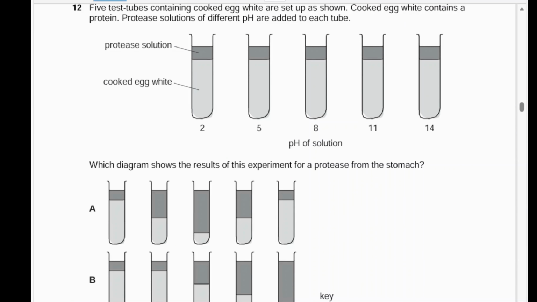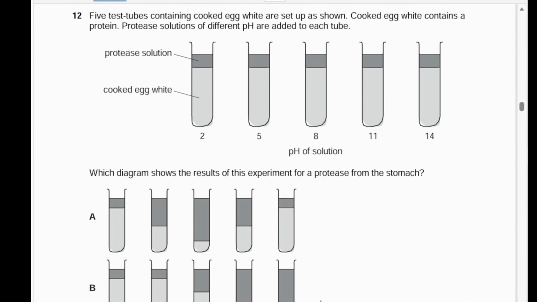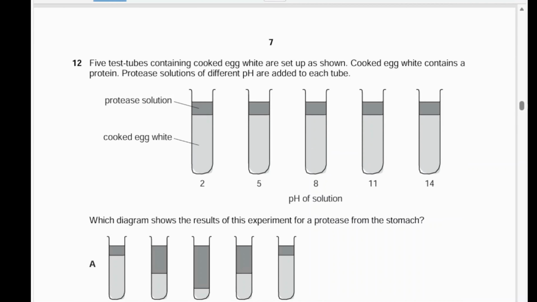Okay, there are many test tubes with different pH. Let's focus on the question first. The five test tubes contain cooked egg white, which contains protein. A protease solution with different pH is added to each test tube. So we have protease.